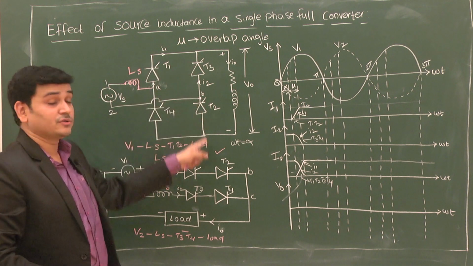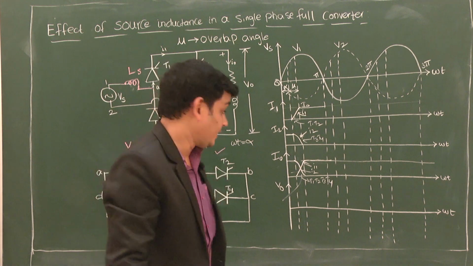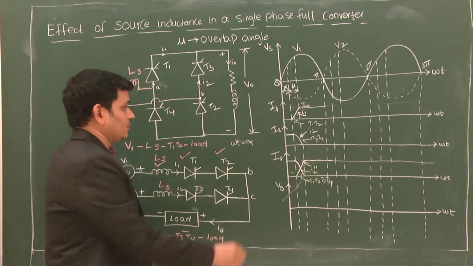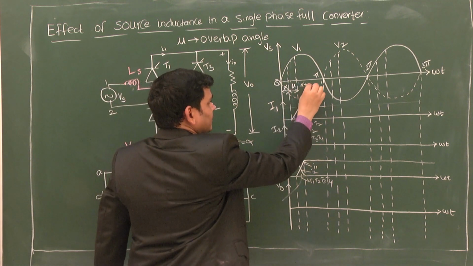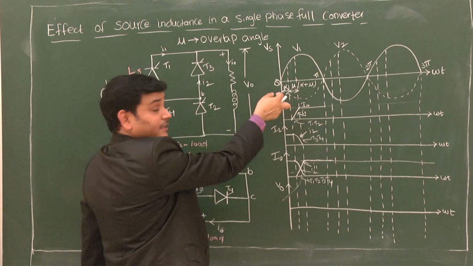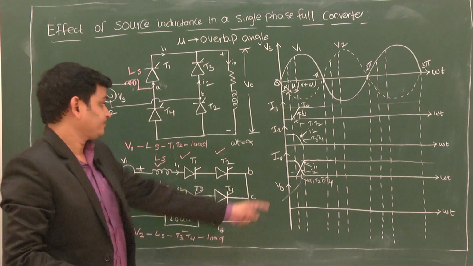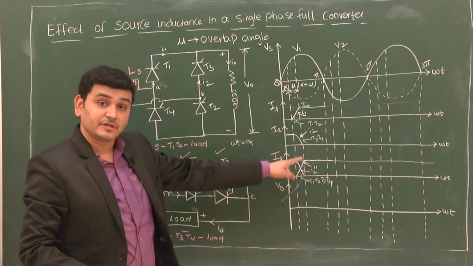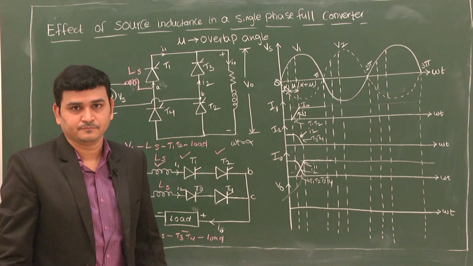The entire circuit is short circuited, so there will be no output voltage. And this point, I can say, is alpha plus mu. Alpha is the firing angle, mu is the overlap angle, and up to alpha plus mu, thyristors T1, T2, T3 and T4 will be conducting in this overlap angle.